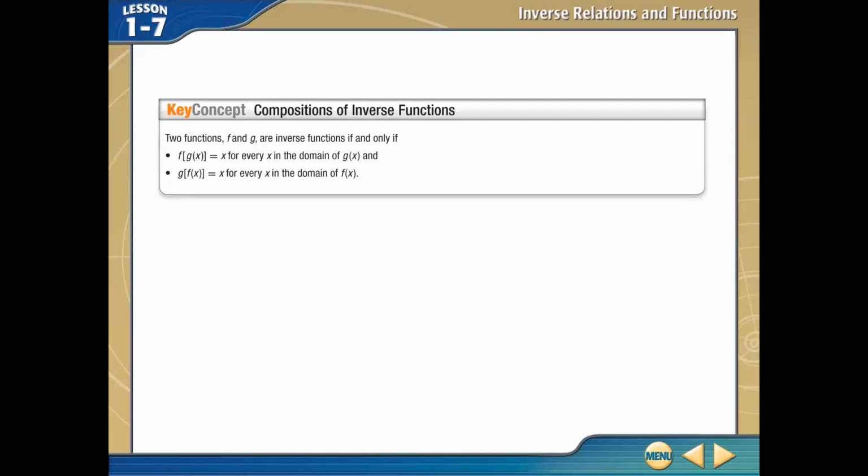Two functions, f and g, are inverse functions if and only if f of g of x is equal to x for every x in the domain of g, and g of f of x is equal to x for every x in the domain of f. So more or less, once we compose them, if we were to plug these in, we would be able to prove that they're inverses because we would just be left with x.